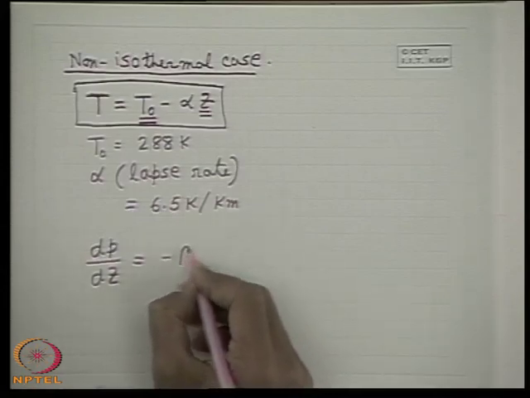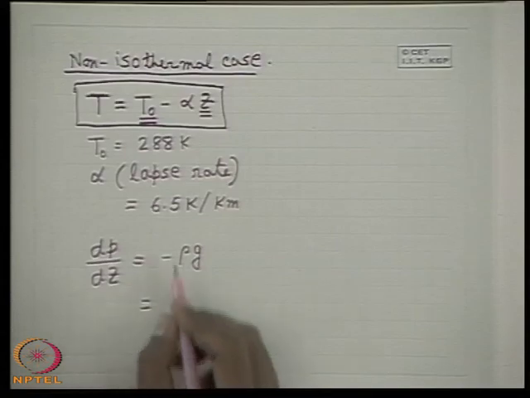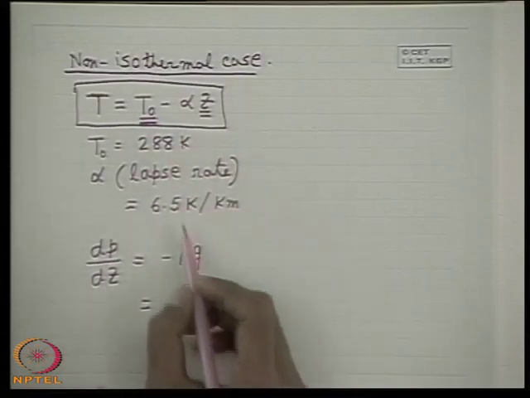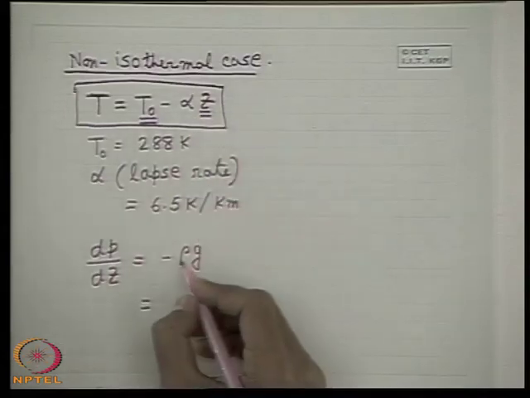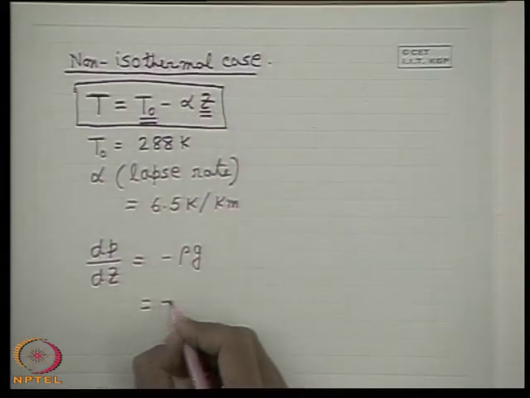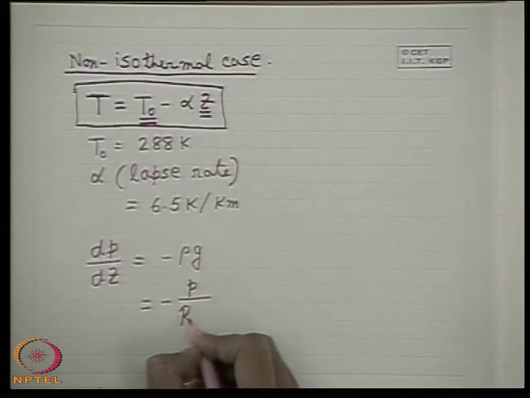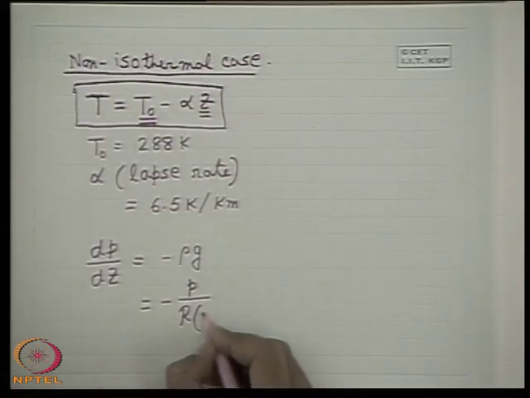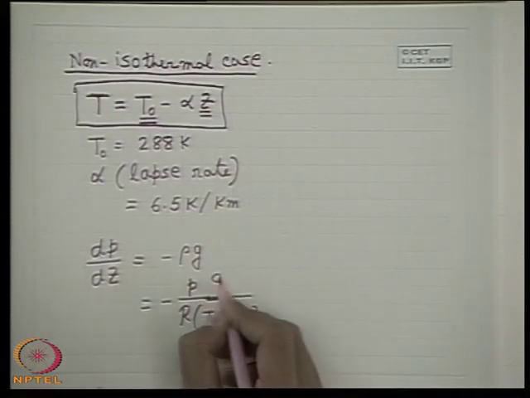That means minus rho g. Now rho is what? From the equation of state, if we assume that the atmosphere behaves as a perfect gas, rho can be expressed as P by RT, and in place of T I write T0 minus alpha z, times g.